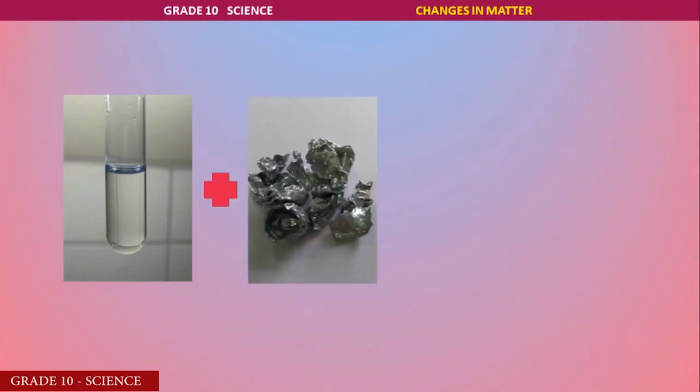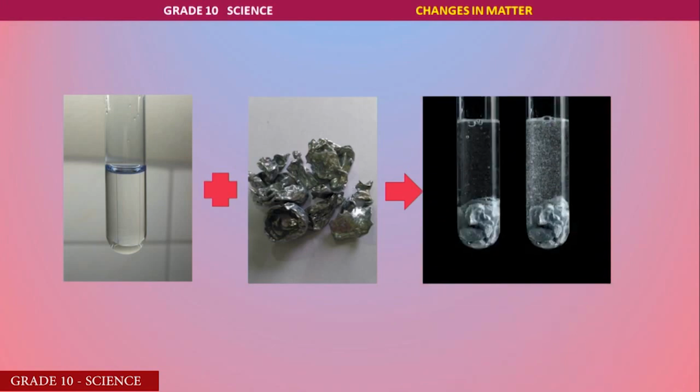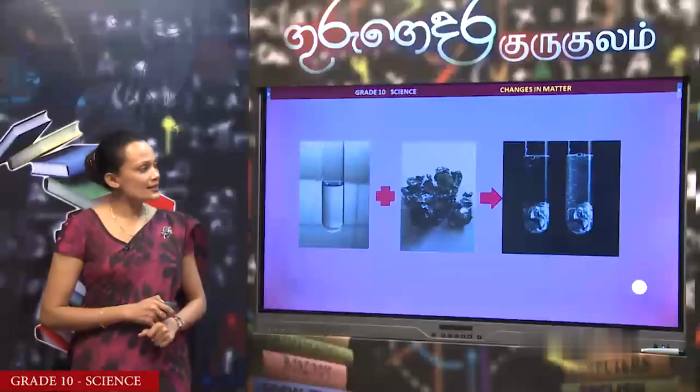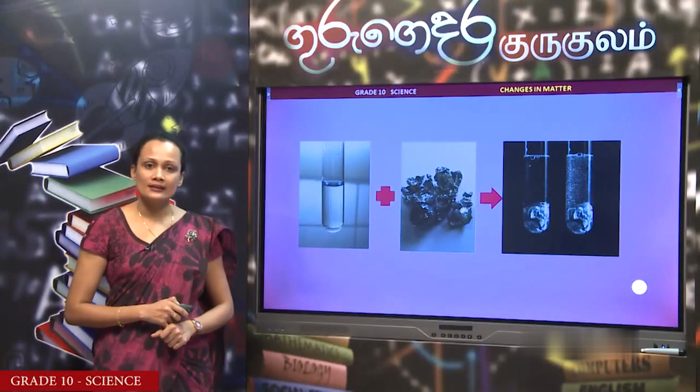Now you can see a test tube with sulfuric acid. In the next one, you can see zinc granules. After that, if we put zinc granules into that sulfuric acid, what happened there? It starts to react. And when it is reacting, you can observe gas bubbles evolving. The last picture shows it clearly.